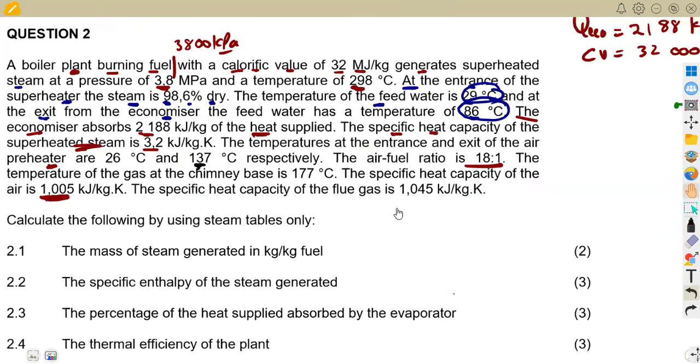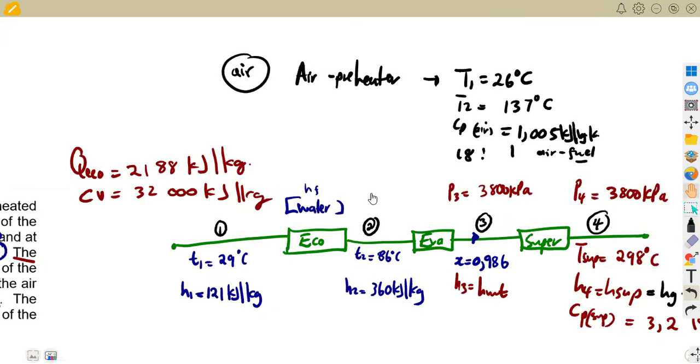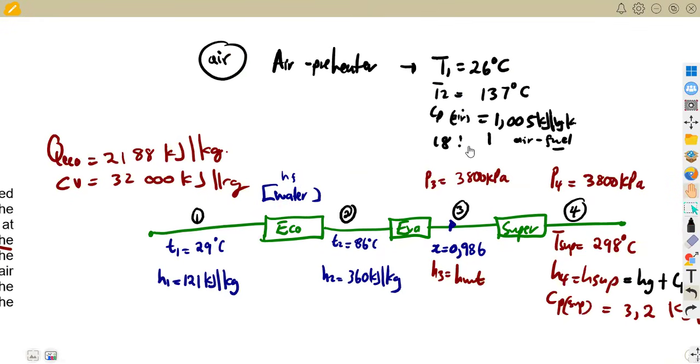This is for air in kilojoules per kg Kelvin. Okay, just leave it like that. Then we also have the air-fuel ratio 18:1, because we are talking about the air. We shall need this ratio maybe to find the mass of air or whatever that we need. But this is the mass of air to the mass of what? To the mass of fuel.